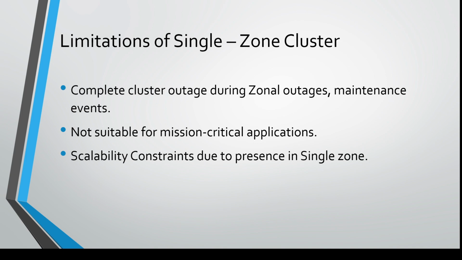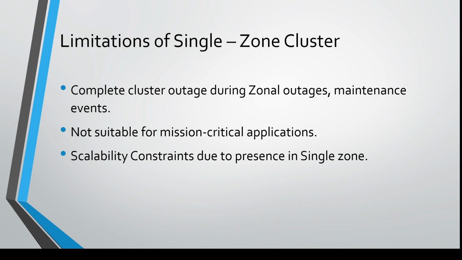Whenever there is an outage in a specific zone, for example US Central A, where your cluster might be hosted, such as a networking outage, a storage level failure, or compute resource failures, your cluster will have a complete outage as well, because all your compute, storage, and networking resources are local to that zone. Whatever happens when there is an outage in the zone, you will have a complete cluster outage. That means for your control plane and also your workloads.